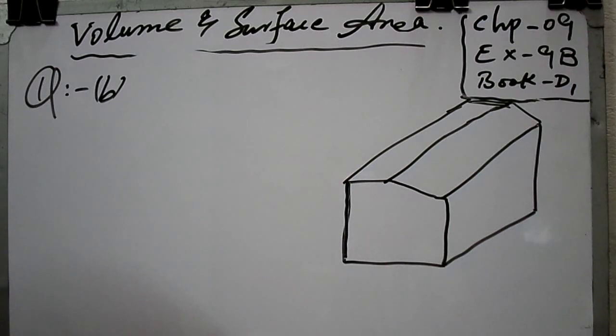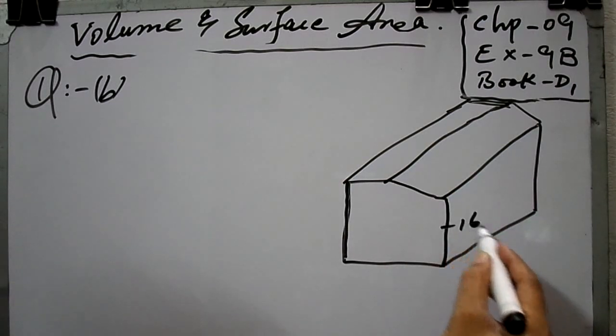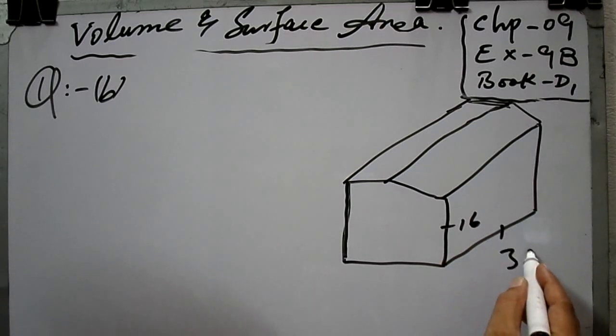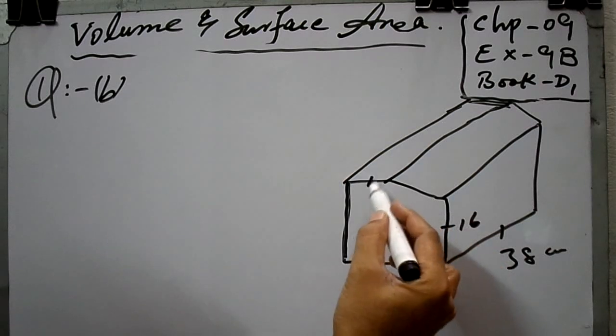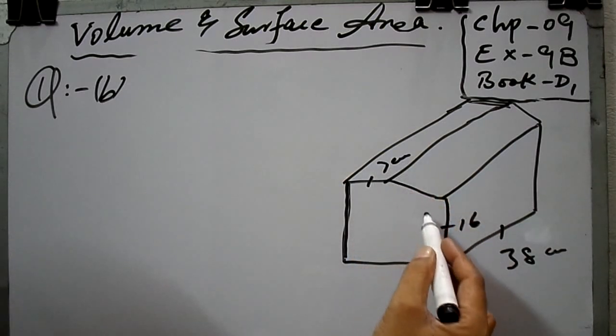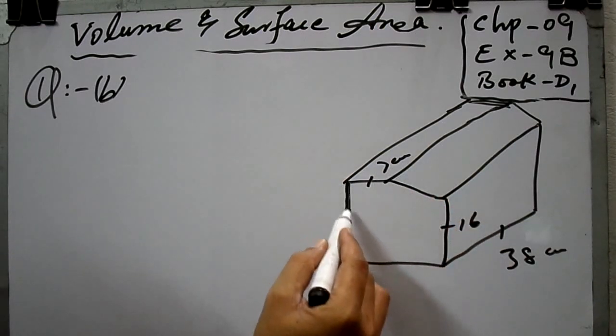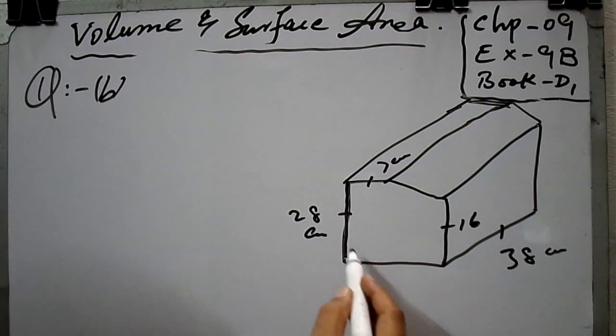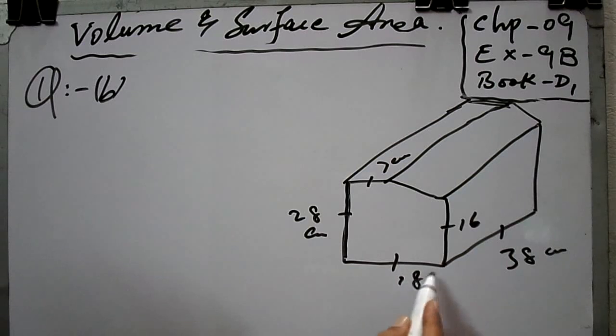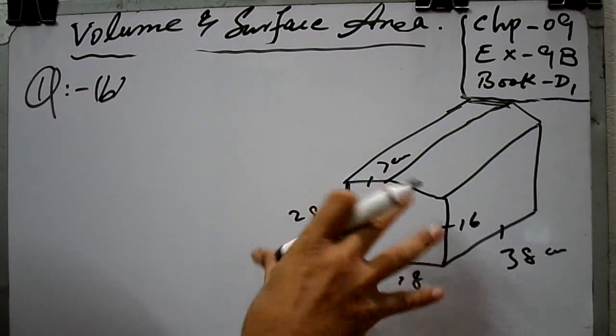You can see that portion is 16, the length is 38 centimeter, that one is 7 centimeter, and this height is 28 centimeters, and this one is 18. So in this, how can you find the volume of prism?